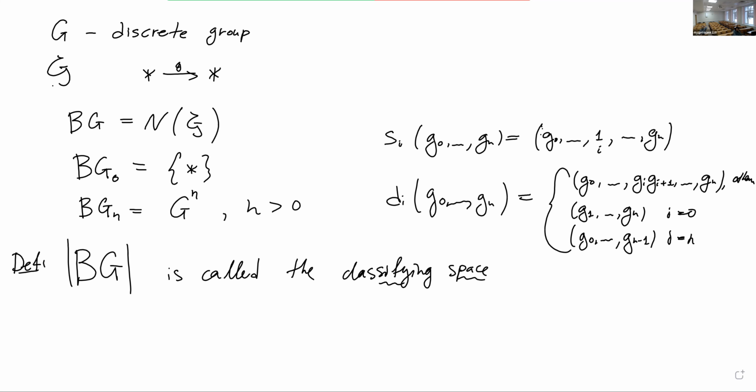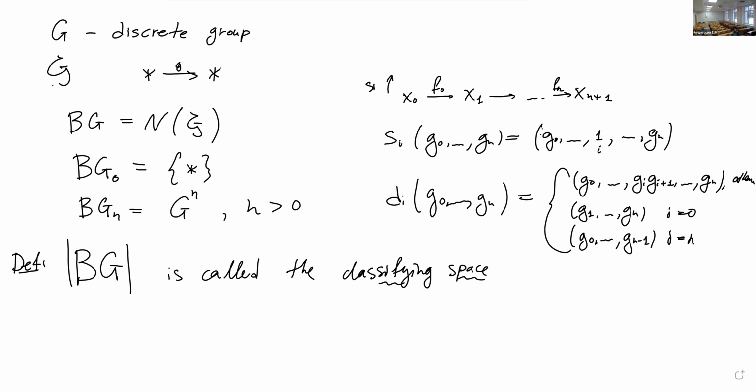So suppose we have n minus 1 composable arrows, then the degeneracy will work like this.